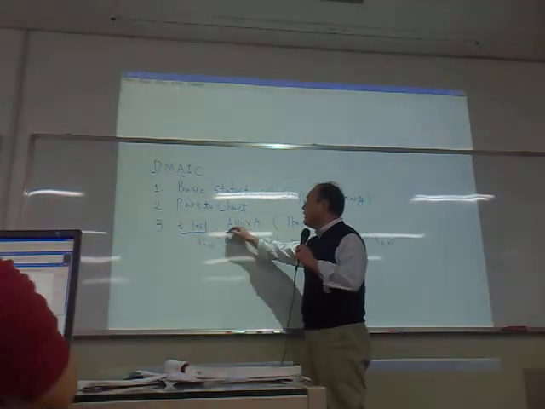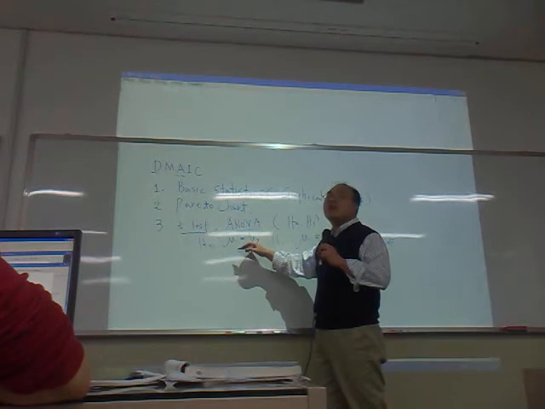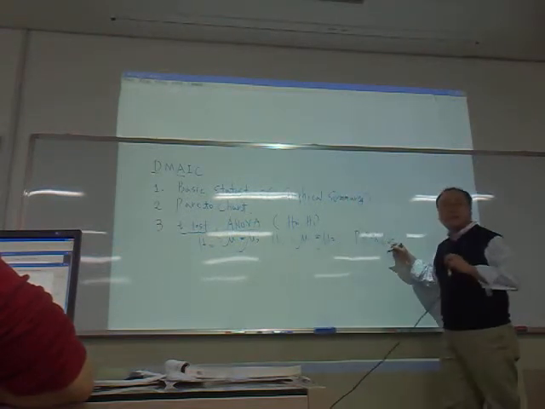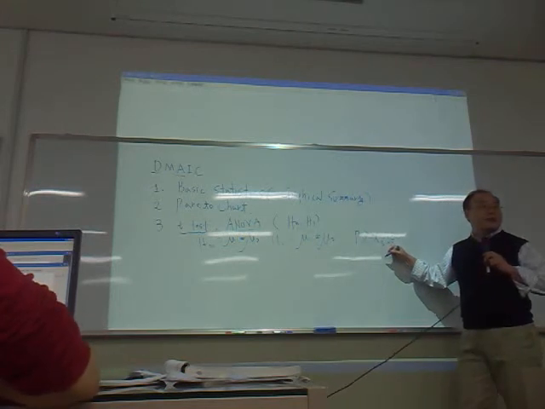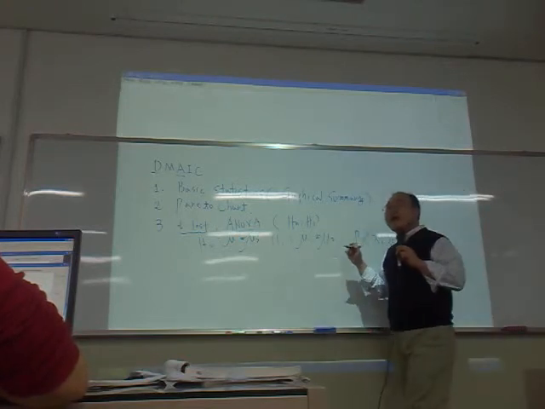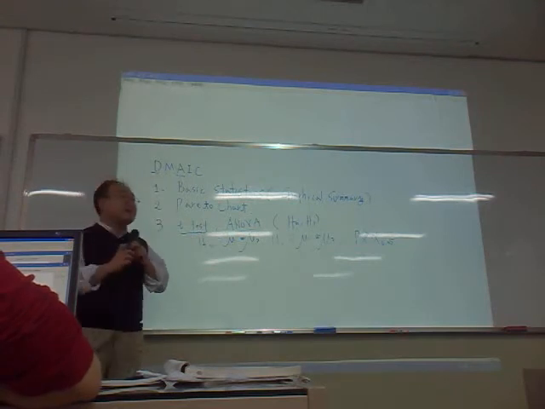And for ANOVA, H0 is all groups' mean is equal. H1 is at least one group is different. So after that, go to the Minitab and get the p-value, compare with the alpha 5%, and reject H0 or not. You have to make a decision.